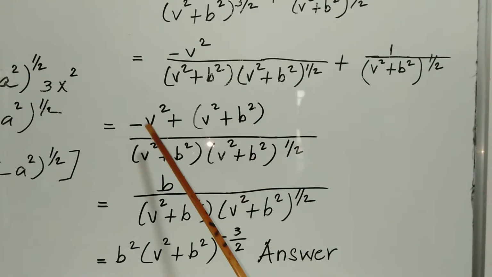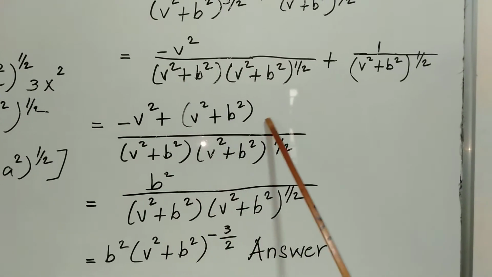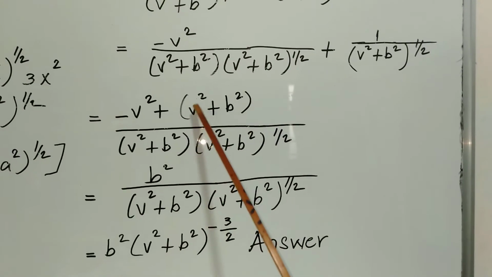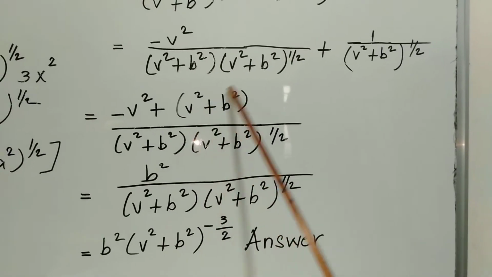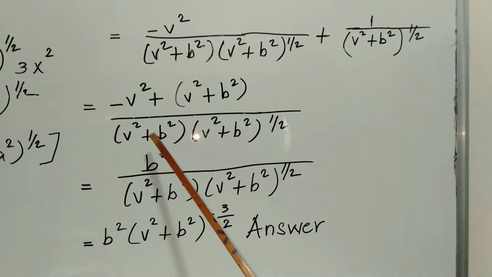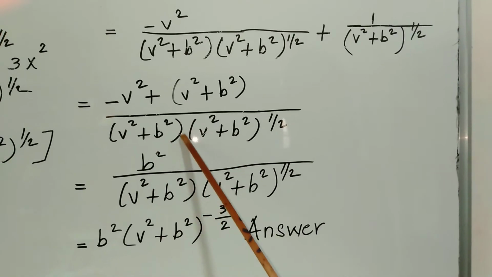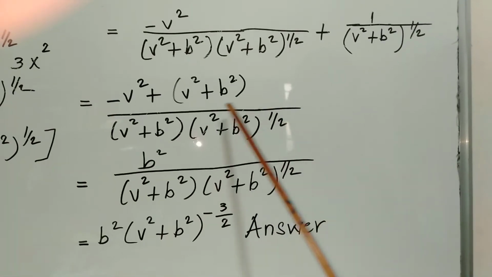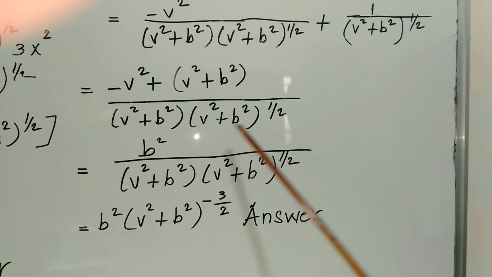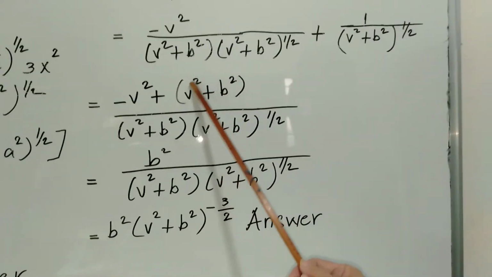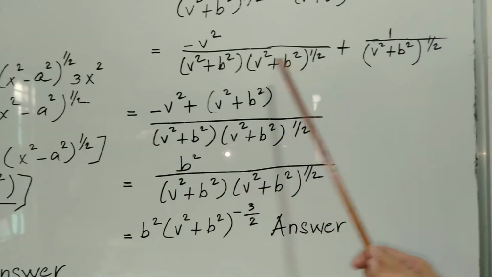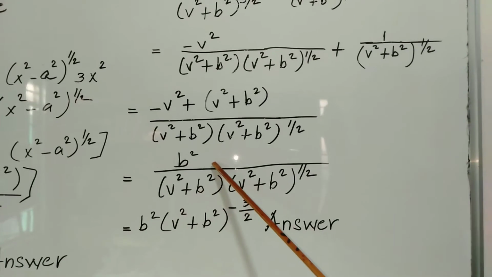So the result is negative b squared plus this LCD, b squared, no? Plus b squared raised to the whole LCD, b squared plus b squared. The LCD, no? Just copy the LCD. So we cancel out b squared and negative b squared. What remains is b squared, the constant term.